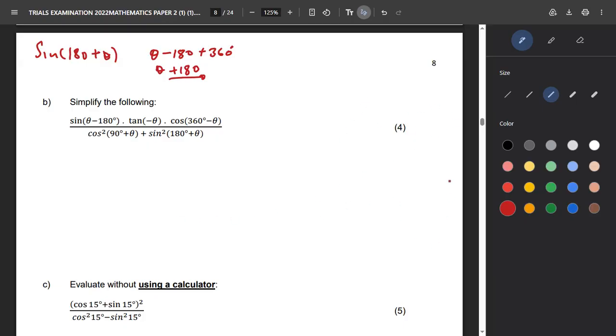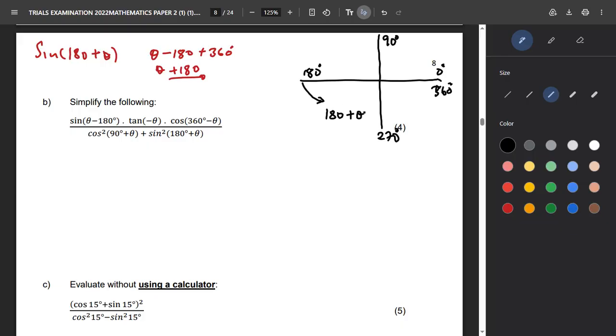Okay, so this will be 0 and 90, and then this is 270, 360. So when I'm adding, this brings me to quadrant 3, you see. So this is quadrant 3, which is 180 plus theta.